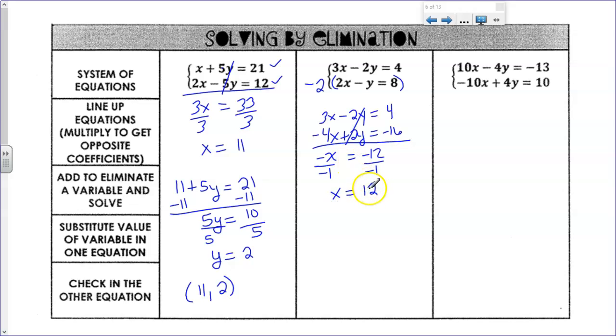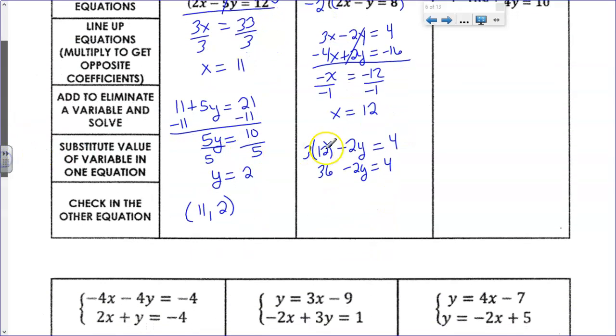Okay, so now I can take this, plug it back into either equation in place of x. So I'm going to just do it in the first one. 3 times 12 minus 2y equals 4. 3 times 12 is 36. Minus 2y equals 4. Pause the video if it's going too fast and think about it.